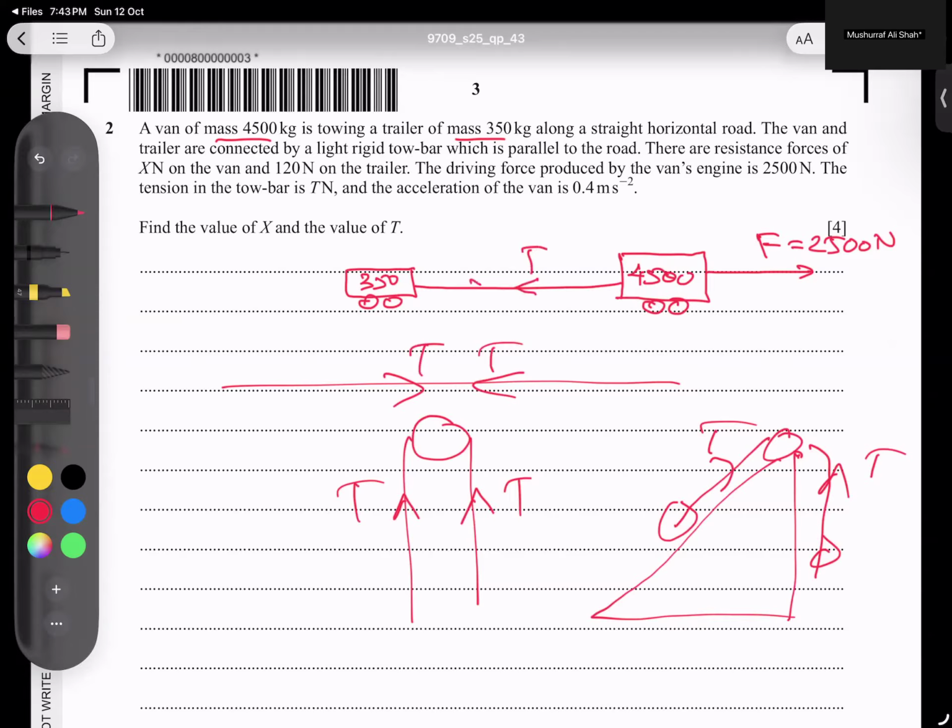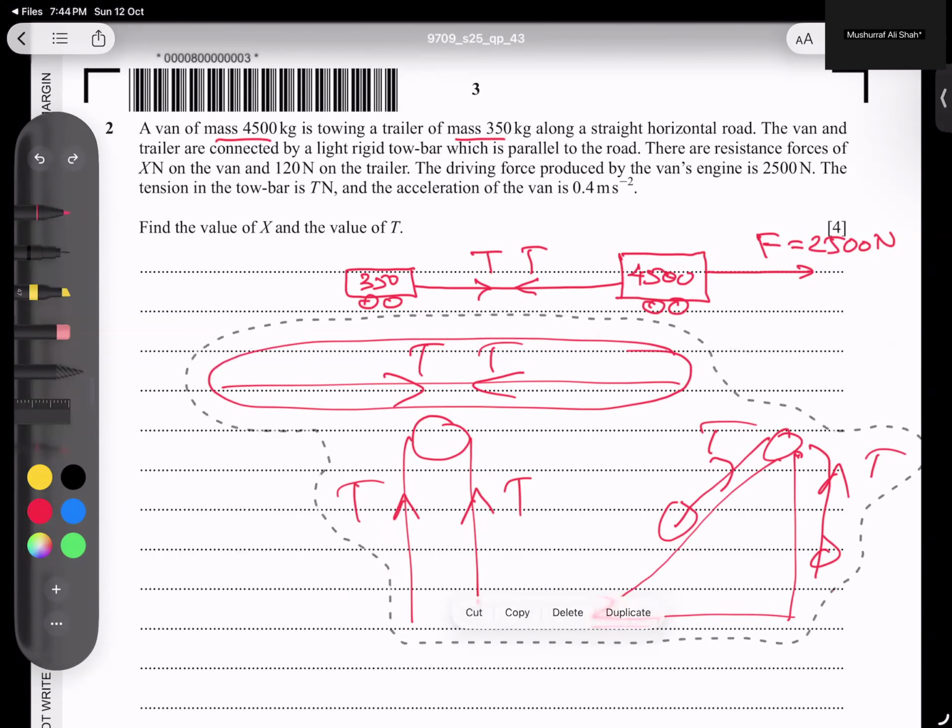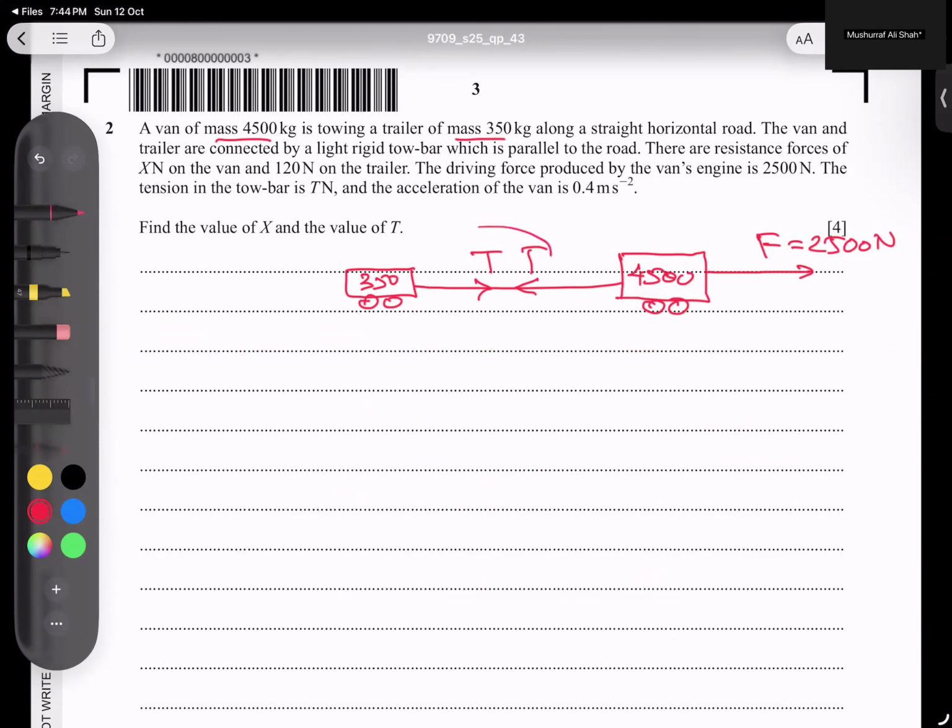Can you see these tensions are towards each other? Basically, this wire is passing over the pulley, so if I remove the pulley, I get tension in a string towards each other. So that is why tension in a string is always towards each other. I know this is the main point. Some students get confused about how tensions are towards each other.